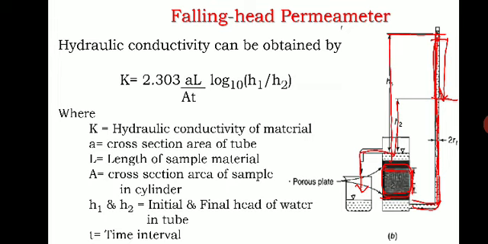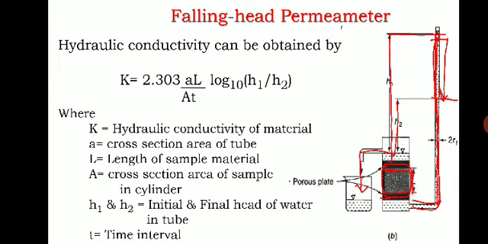The cross section area of the sample in the cylinder, whereas small a is the cross section area of the tube. Okay, and h1 and h2 are the initial and final head of the water in the tube. Okay, and t is the time interval. So this is the formula to find out the hydraulic conductivity with the help of falling head permeameter.